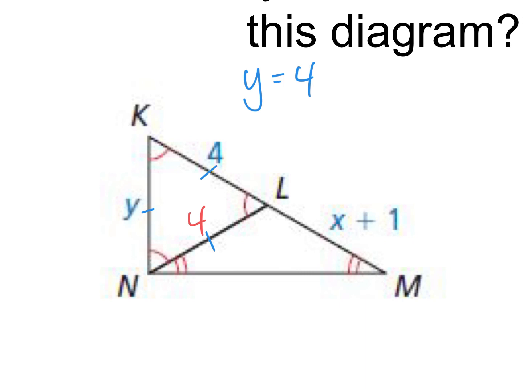So, Sienna? Why is LN congruent to LM? Oh, because this one's not congruent? I agree, but why?